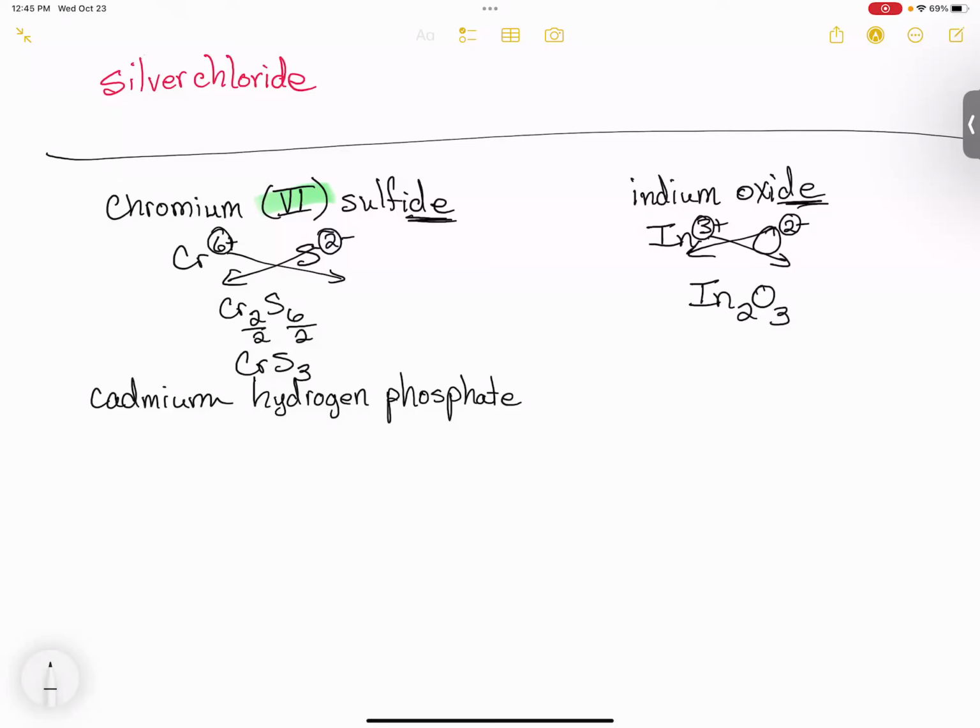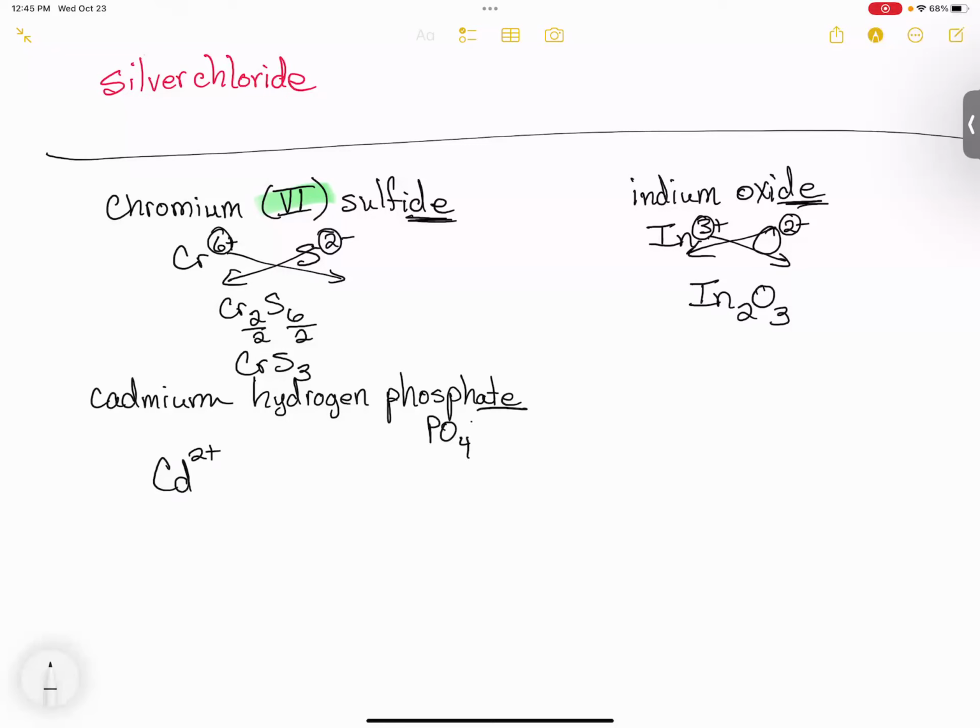Cadmium hydrogen phosphate. Cadmium, what's its charge? It's element number 48. It's 2+. Phosphate, that's the PO4.